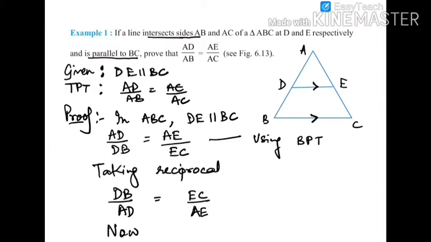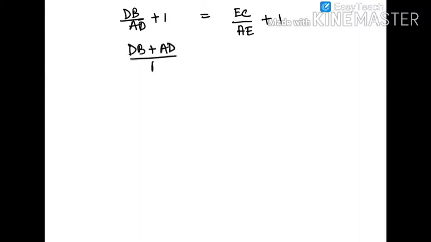Now we add 1 to both sides. So we get DB upon AD plus 1 equal to EC upon AE plus 1. So adding, we get DB plus AD upon AD equal to EC plus AE upon AE.